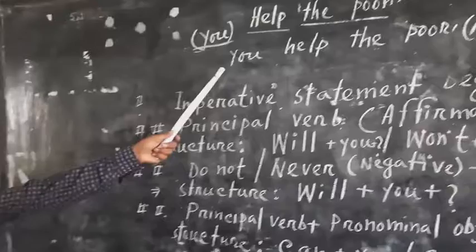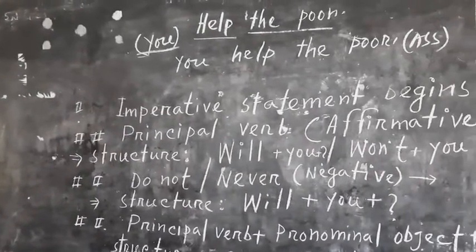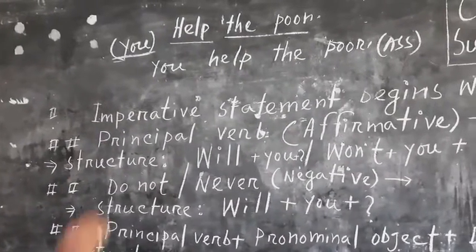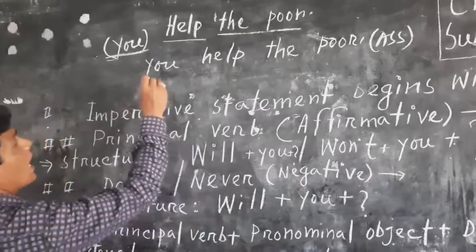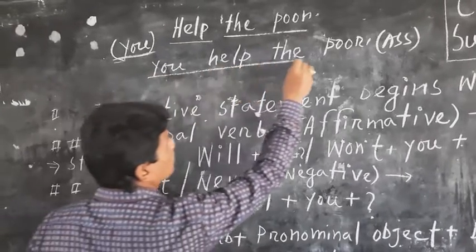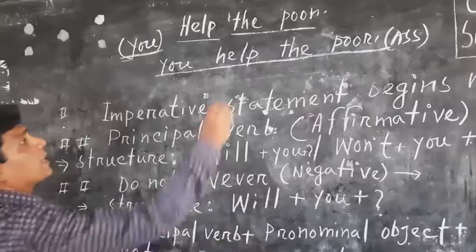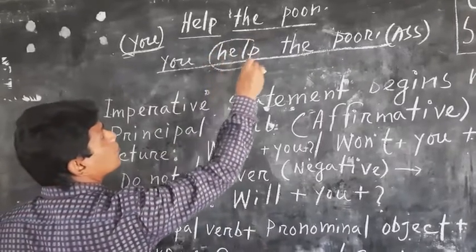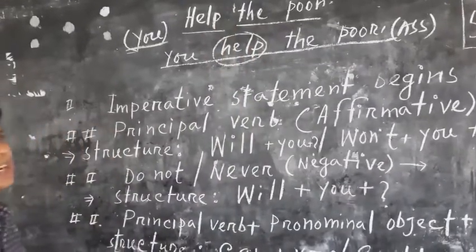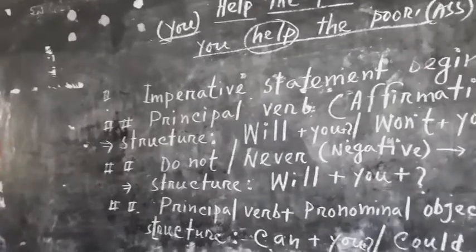As we add a subject before the principal verb, it would be the pattern of an assertive sentence, and it is in present indefinite tense.